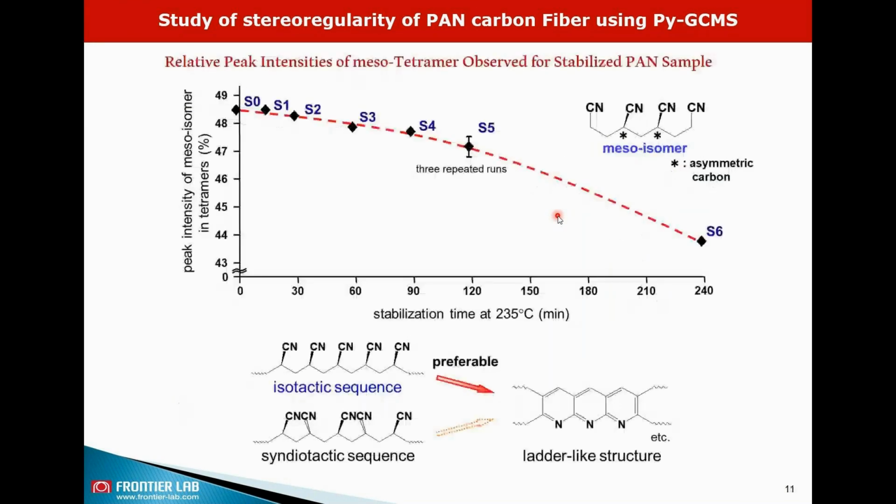Okay, we analyzed this with different samples under different conditions, and around 120 degrees we are able to see a preference for the meso isomer, which leads to the ladder-like structure formation.